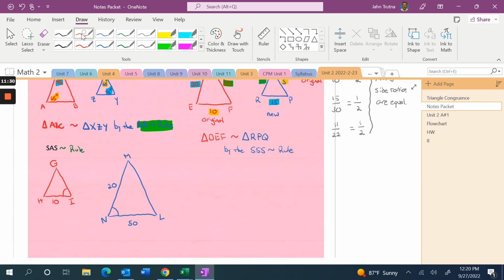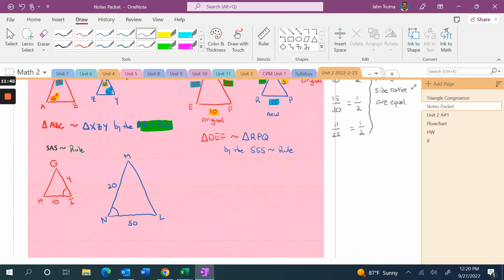And in the red triangle, the shortest side is side G to I, and it has a length of 4.